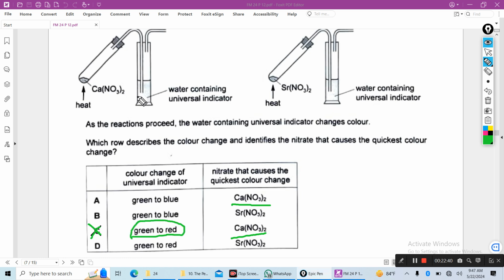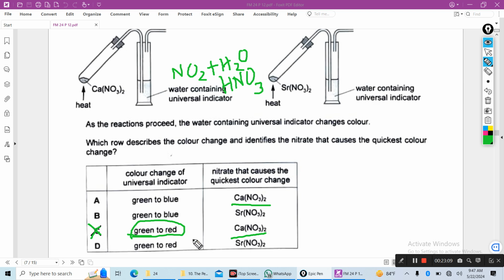Why green to red? Because nitrogen dioxide dissolves in water to produce nitric acid. Nitric acid is an acid, so water is a neutral green, and the green solution turns to red because universal indicator is red in acidic solution.